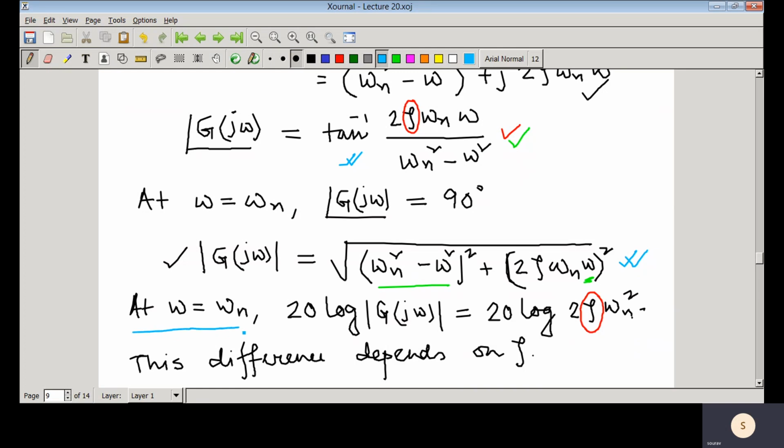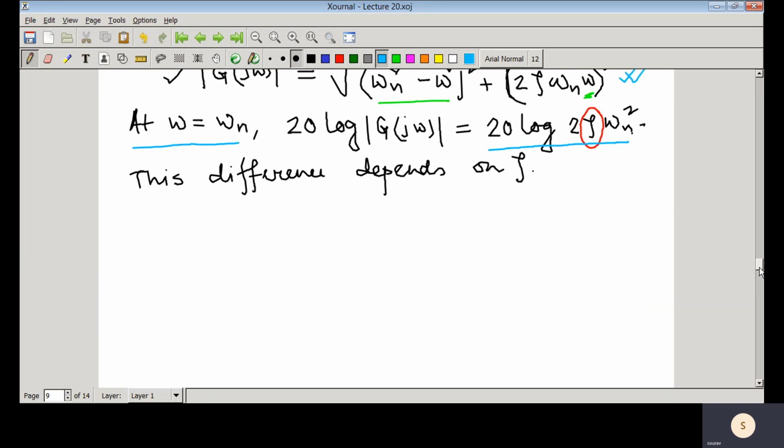Particularly, at omega equal to omega n, that is at the corner frequency, the value of the gain is 20 log 2 zeta omega n square, and again it is a function of zeta. So if the damping ratio varies, the corner frequency value would be different, that means the magnitude as well as the phase would be different.